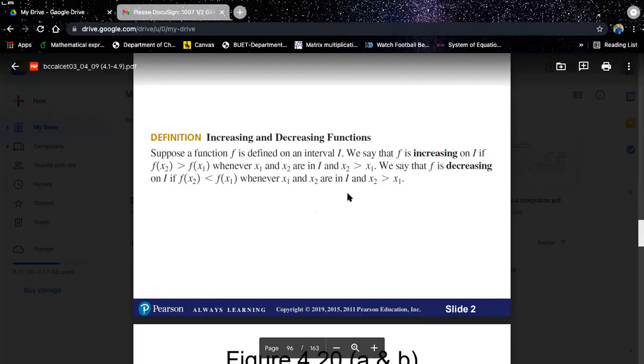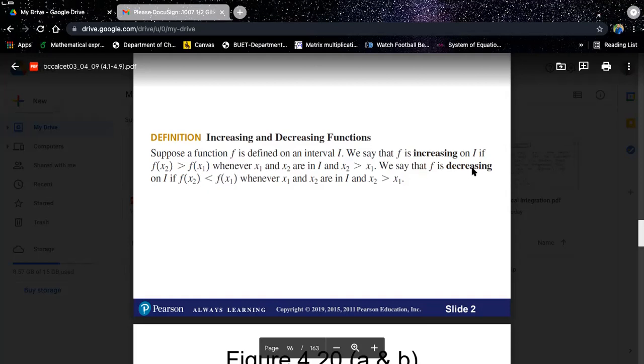then we say that this function is definitely increasing. And if the function is decreasing, that means even though x2 is greater than x1, whichever you pick, the functional value at x2 is actually less than the functional value at x1, like this.